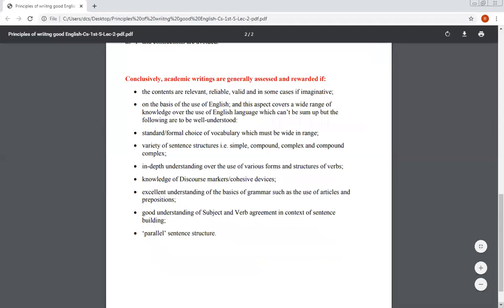Sometimes there is space for imagination and novelty, and there you can come up with your imaginative impulses. The second is on the basis of the use of English, and this aspect covers a wide range of knowledge over the use of the English language, which can't be summed up, but the following are to be well understood.